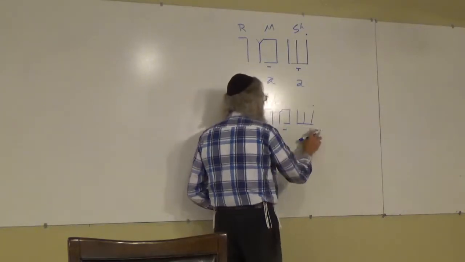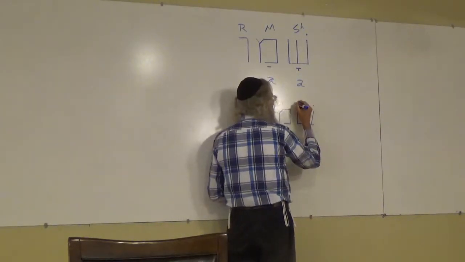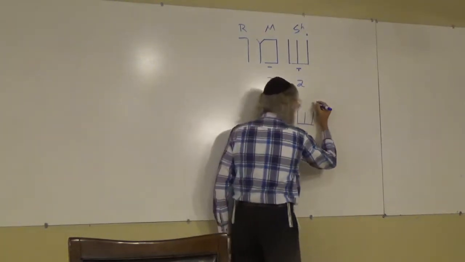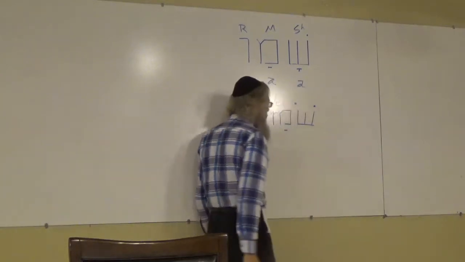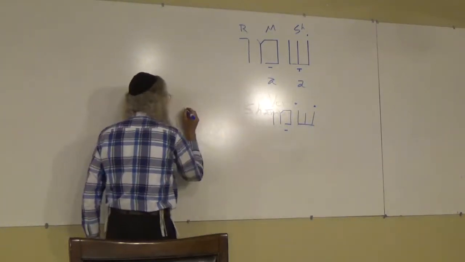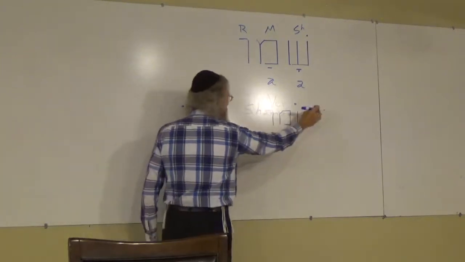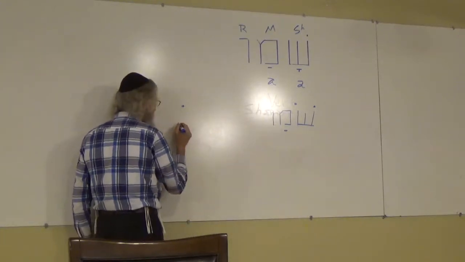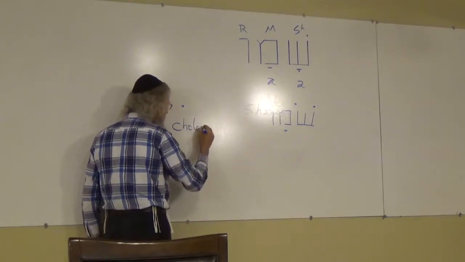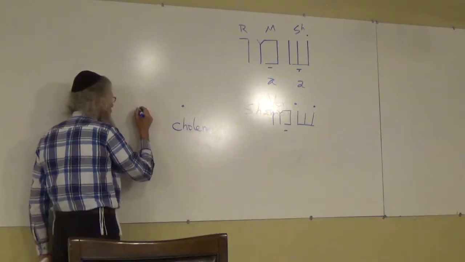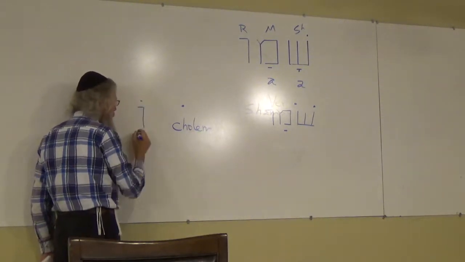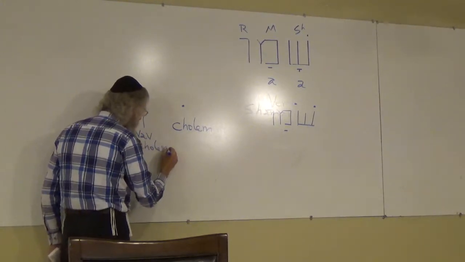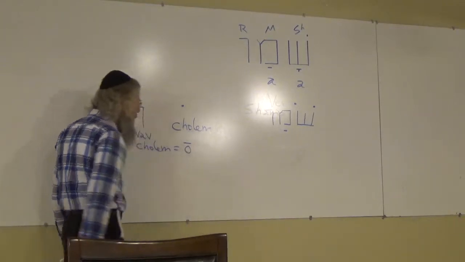So I'm going to take this out and insert a dot over the shin, over the left side of the shin. So the shin will actually be carrying two dots. And when you see a dot like this, not the shin dot, over one of these letters, it is called a cholem. And it represents the vav cholem, or the cholem vav, which is the O sound, the long O sound.